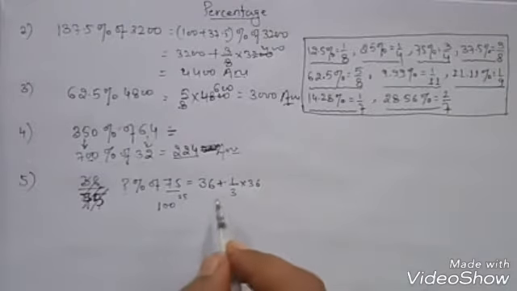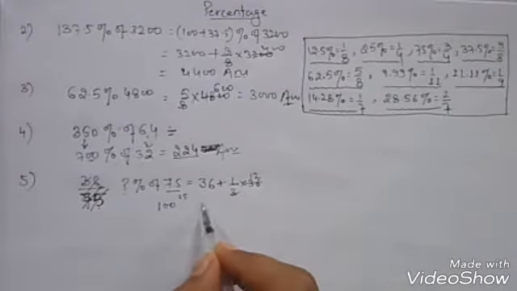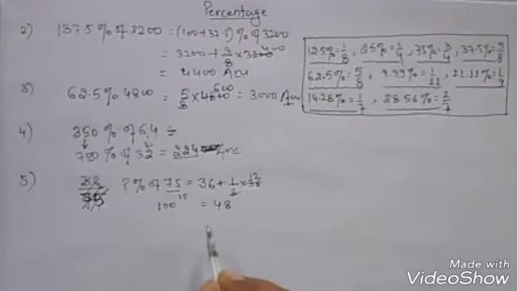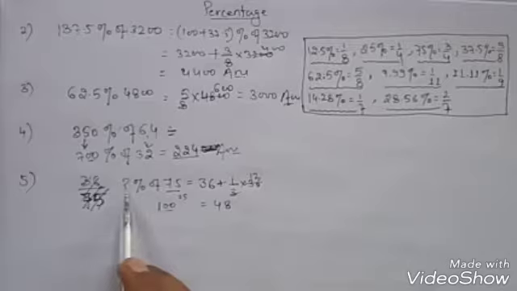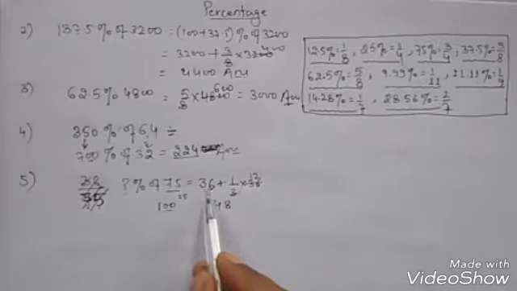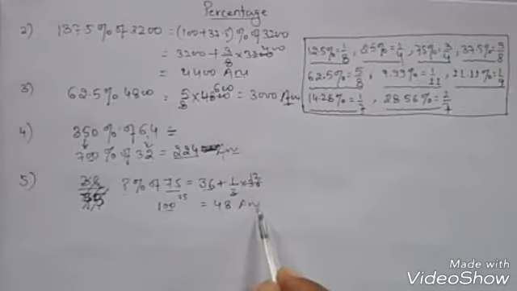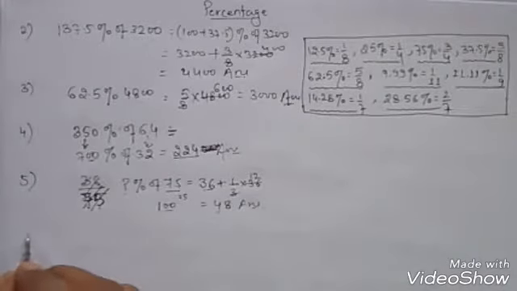So this is 48. So 36 is 48% of 75, that is the answer. I hope you understand.